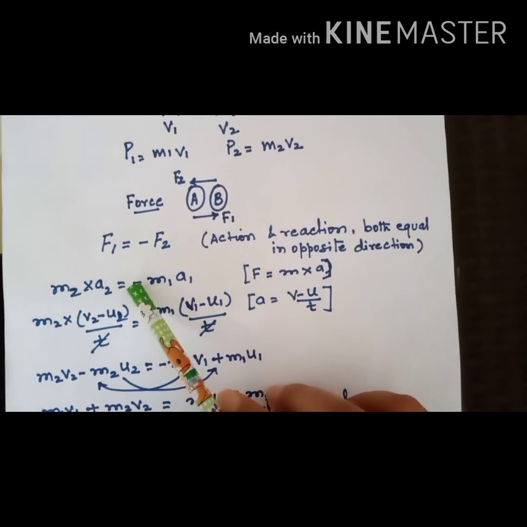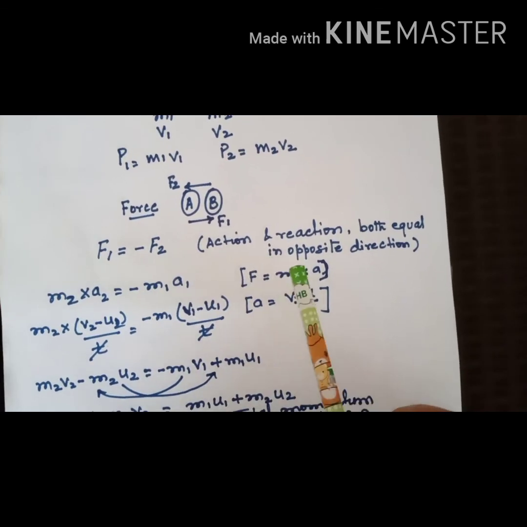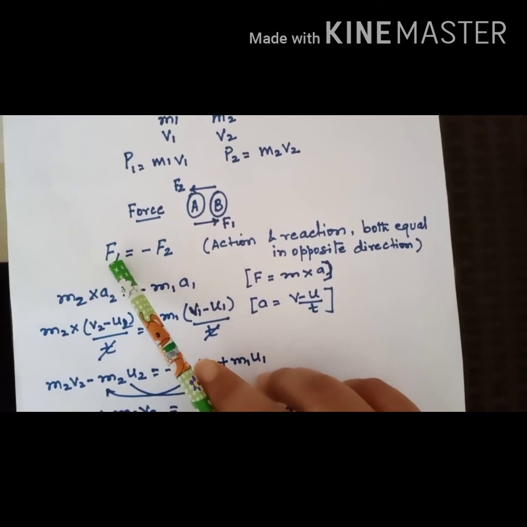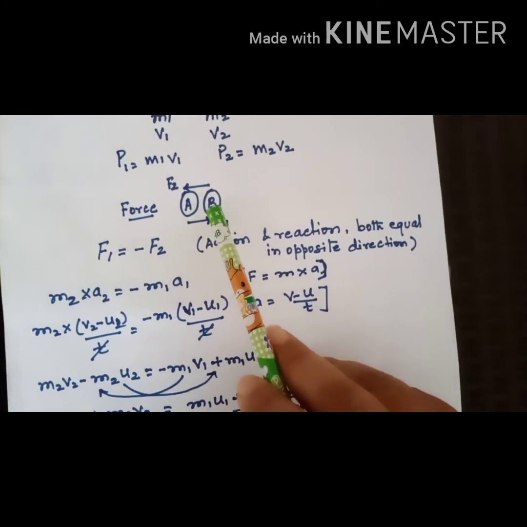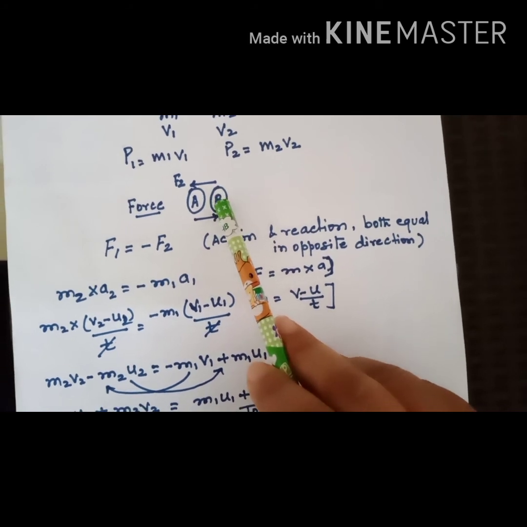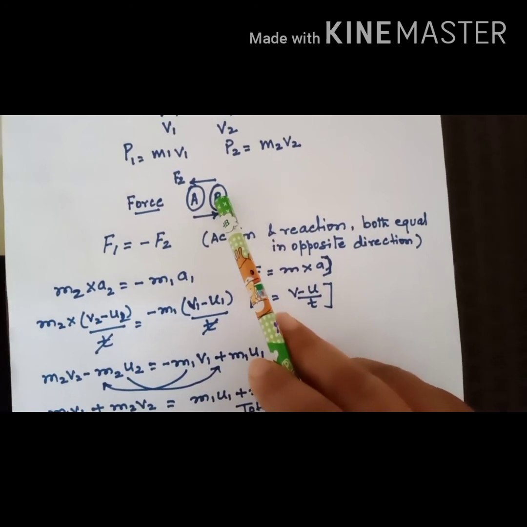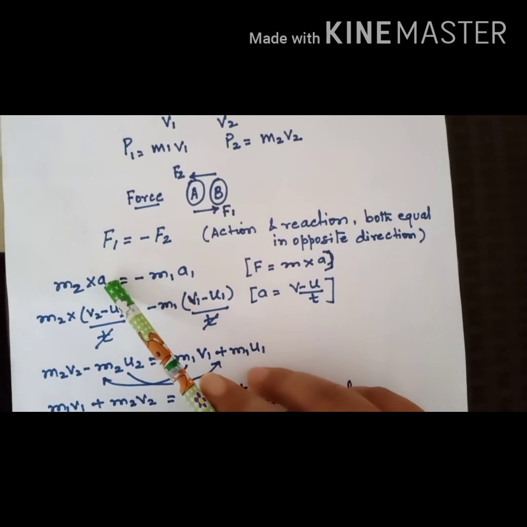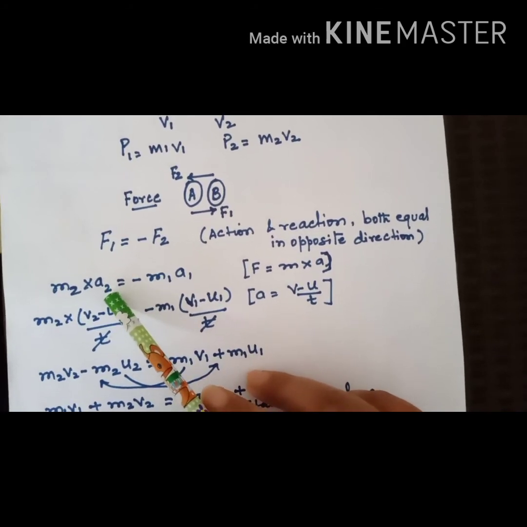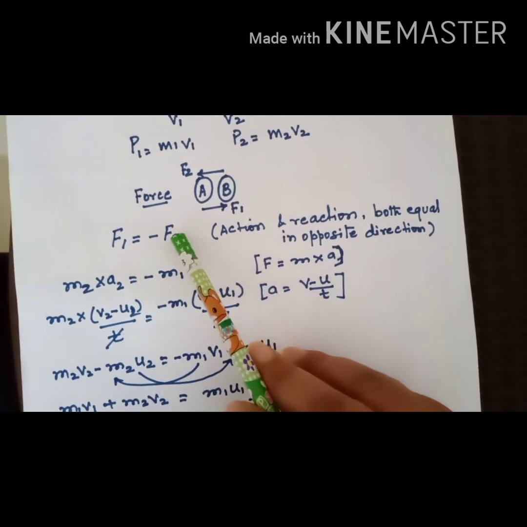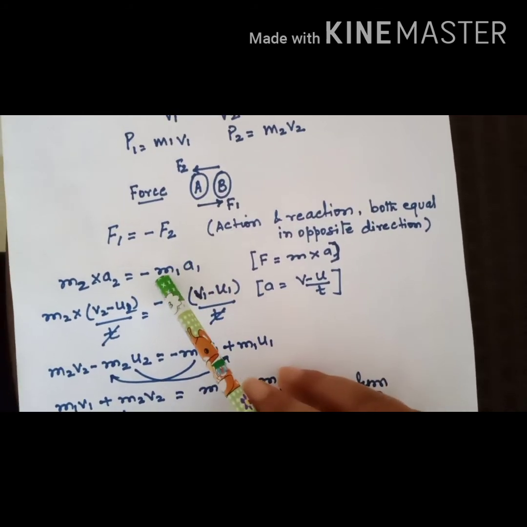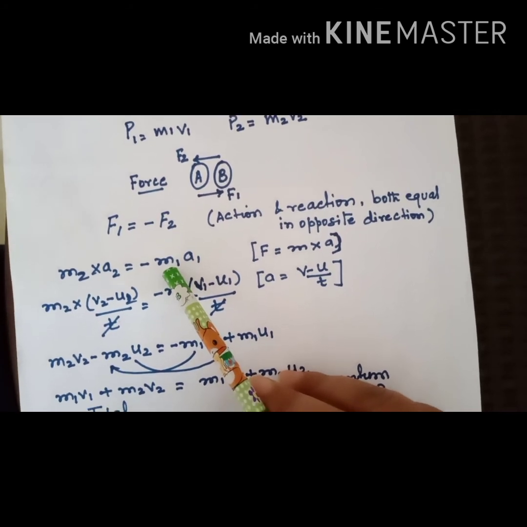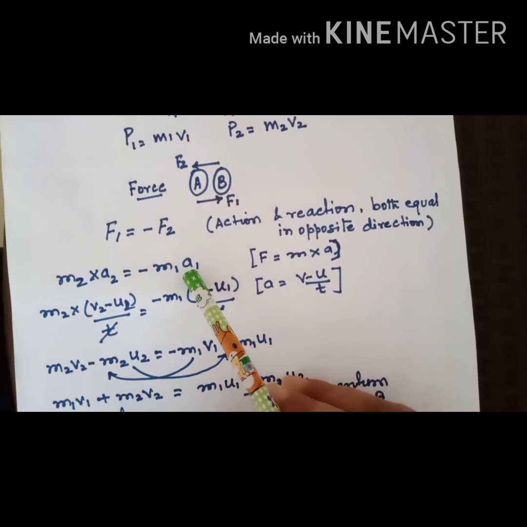Now come to the formula. For force, I told you mass into acceleration. So this is the force acting on object B. So for B we have to consider, I have written the mass m2 and it is moving with accelerated motion, that is a2. Similarly, F2 is acting on A. So for force, I have written m1 a1 for the A object.